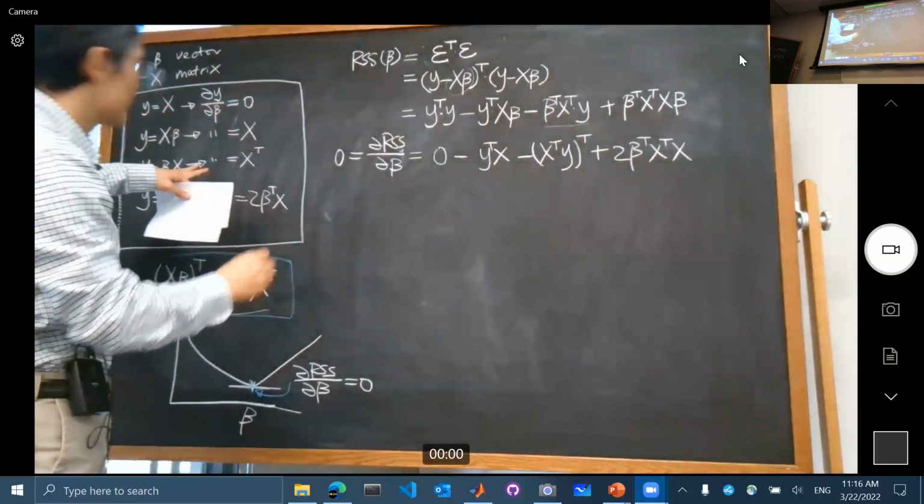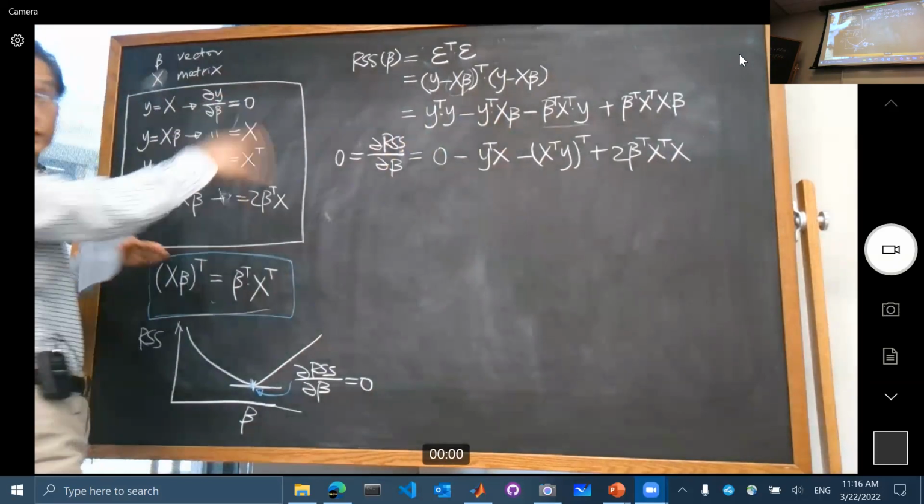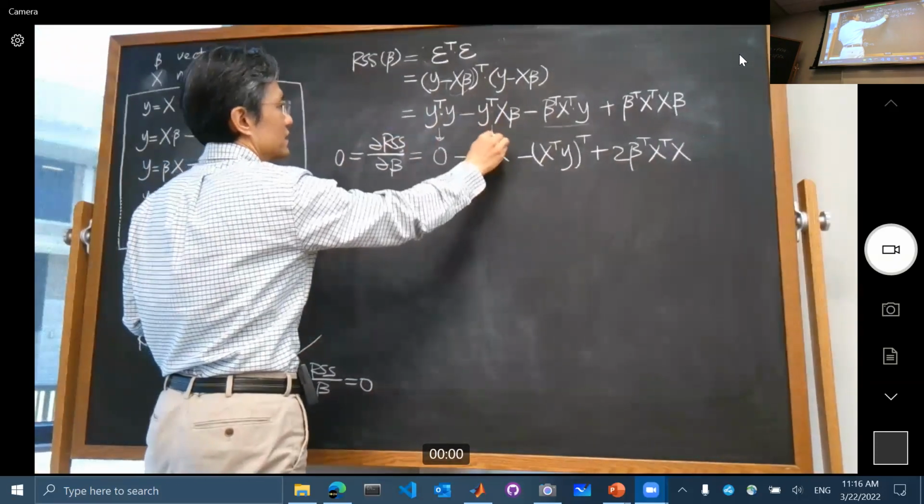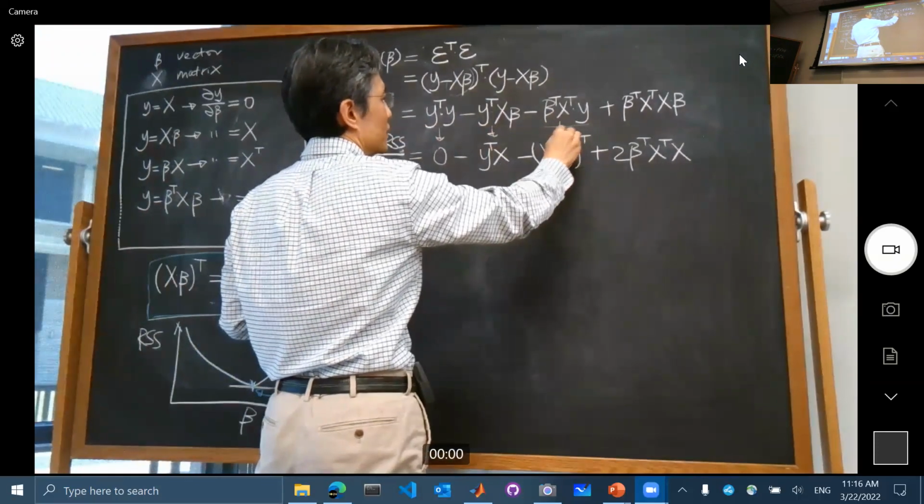So in this case, I just apply those rules, and for the derivatives, each of them corresponding.